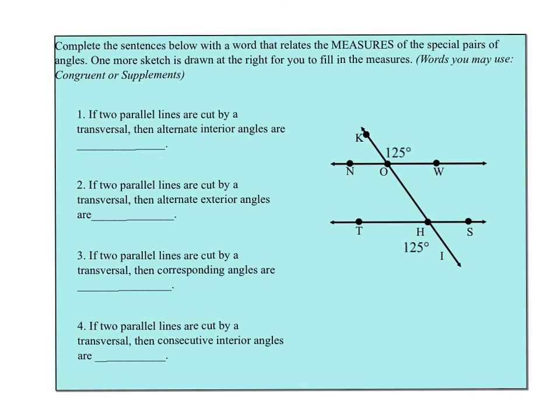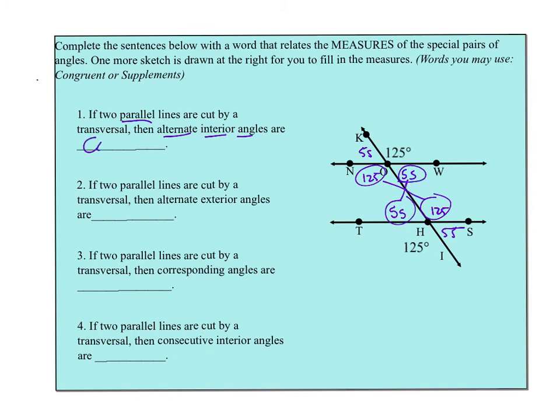So, in two parallel lines cut by a transversal, alternate interior angles: 125, 125. This would be 55 then, and 55, 55, and 55. If we look at alternate interior angles, we're looking at these two and these two.